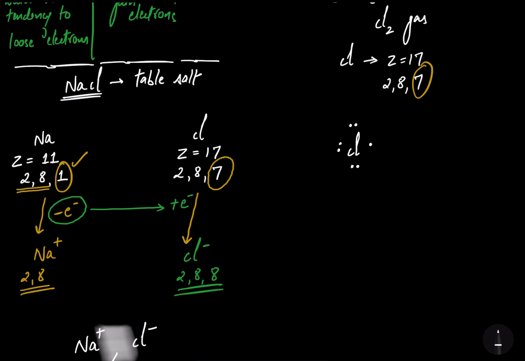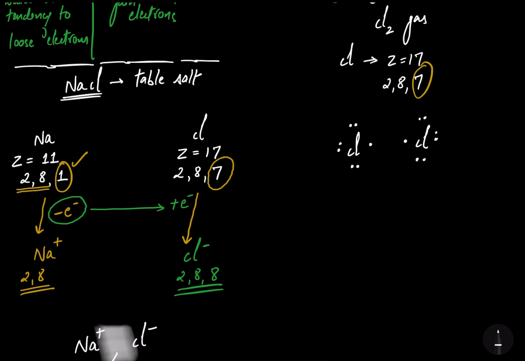Here we can easily see that chlorine is short of only one electron to attain the stable noble gas configuration of argon. Now let's talk about another chlorine atom, because it's Cl2. It's chlorine: 1, 2, 3, 4, 5, 6 and 7. Now what will happen?